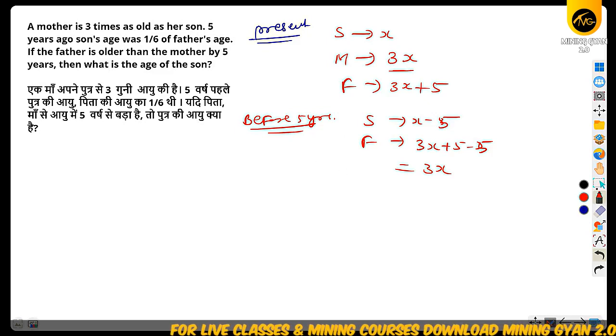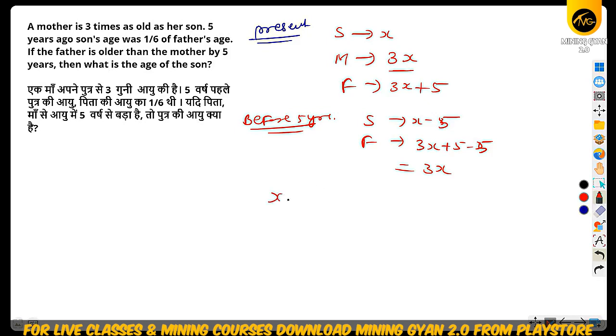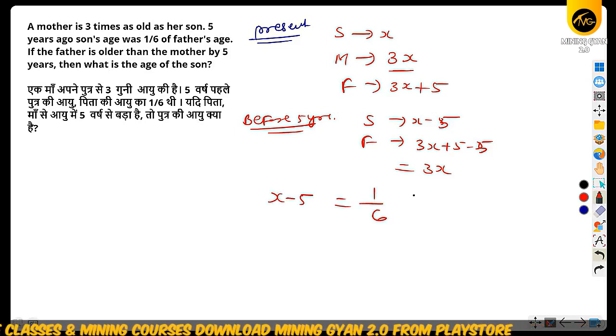Now let's create a logical portion, that 5 years ago son's age was 1/6 of father's age. So what is son's age? x minus 5, right, is equal to 1/6 of his father's age, that is 3x.